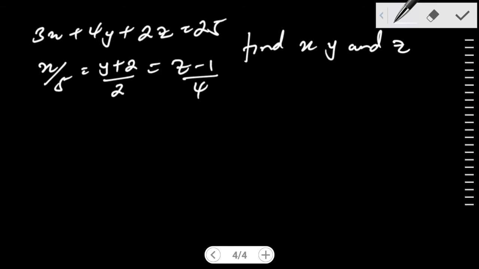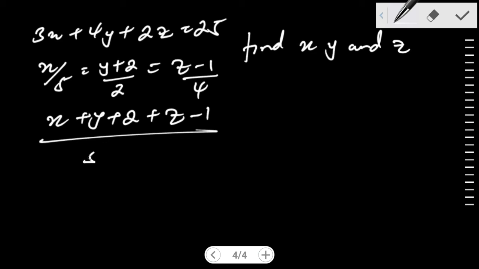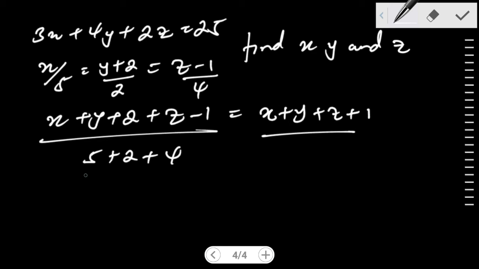Now for this one, if you try to use the ratio theorem, x plus y plus 2 plus z minus 1 all over 5 plus 2 plus 4, this would give you something like x plus y plus z plus 1 all over 9, 11.